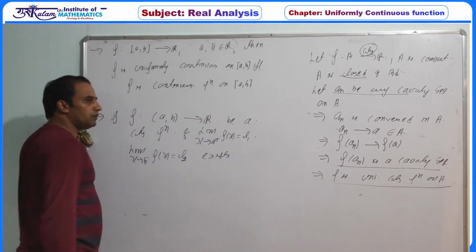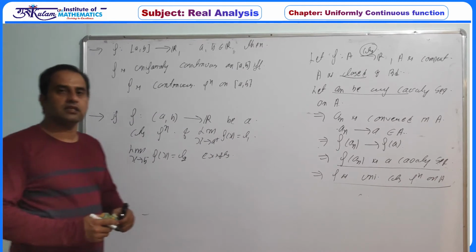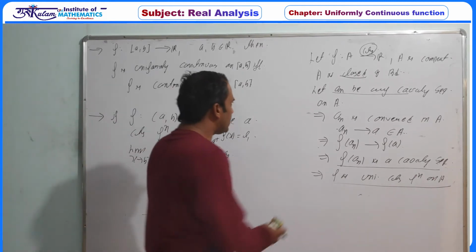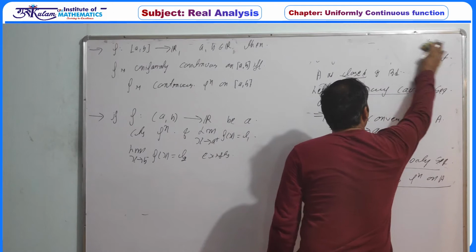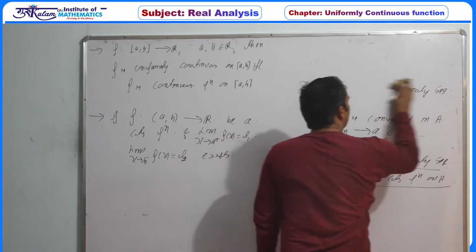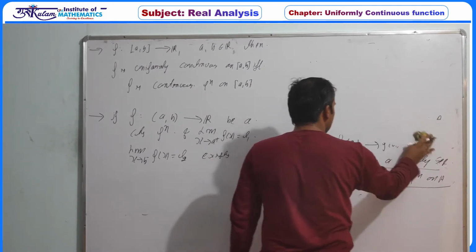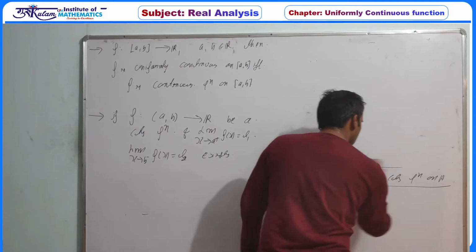So both of the limits exist. So the function is continuous on the open interval (a,b), and at the end points the one-sided limit must exist: at a the right-hand limit, at b the left-hand limit.